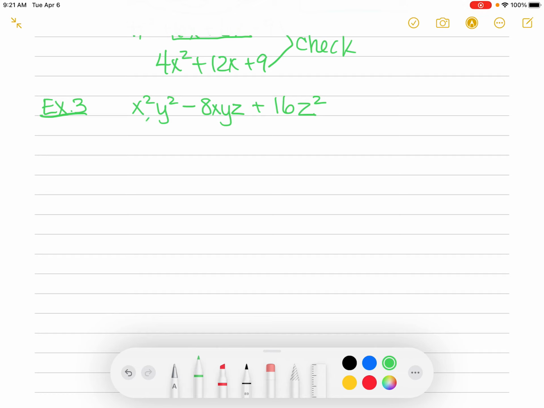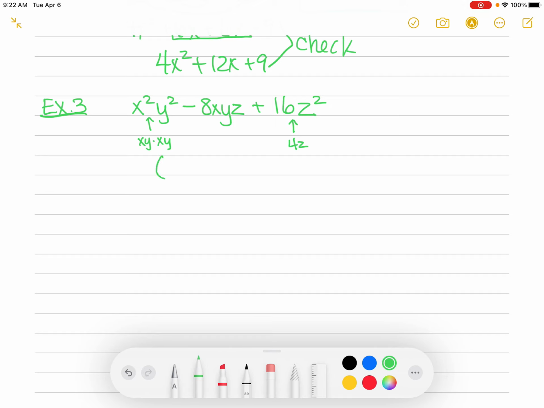On this one, I could have xy times xy, and on this one, I could have 4z. That's my only hint: both the first one and the last one are perfect squares. Now I want you to pause the video, work it out yourself, and make sure that this is supposed to be in the middle. Okay, go now.